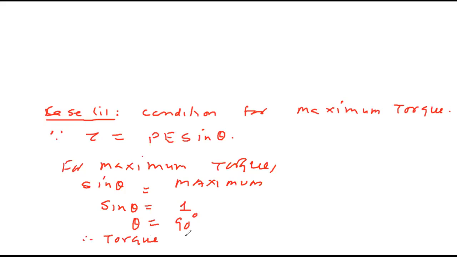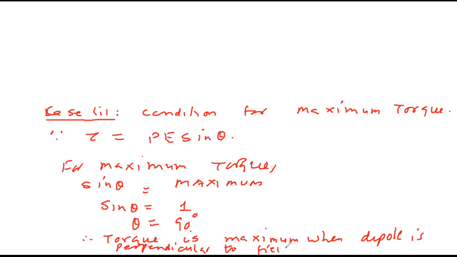Therefore, torque is maximum when the dipole is perpendicular to the field. The maximum value of torque will be P E, because sine theta maximum is 1, that is at 90 degrees. Right, case 1 for maximum torque.